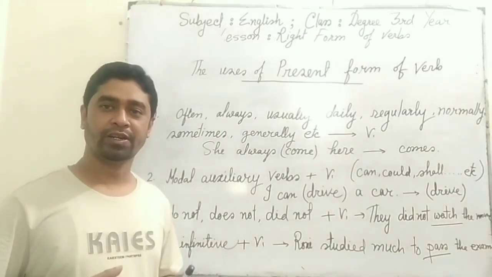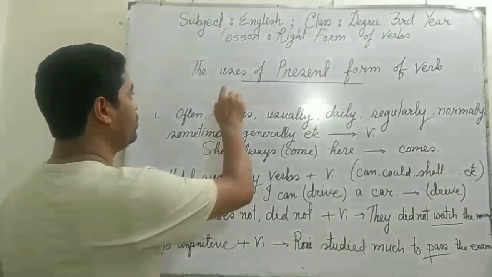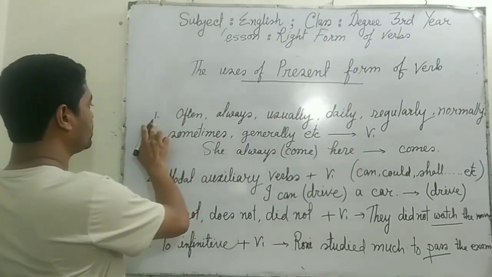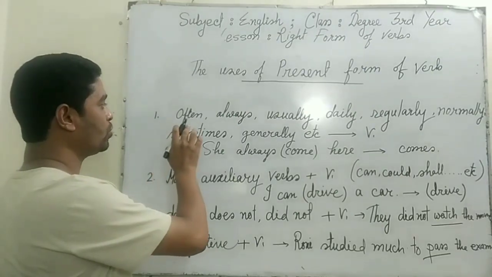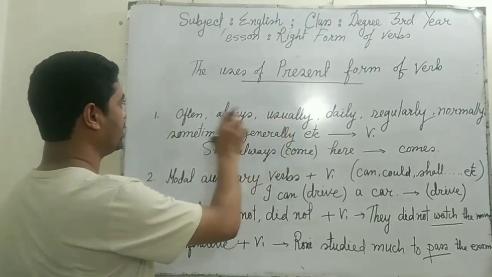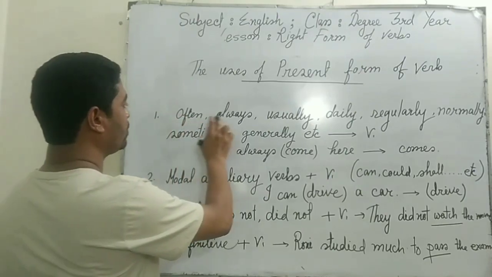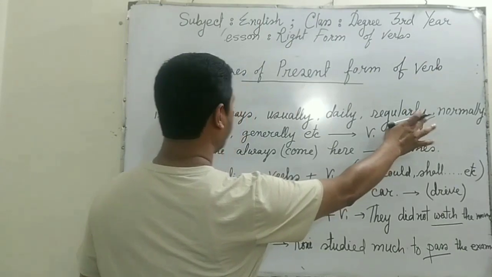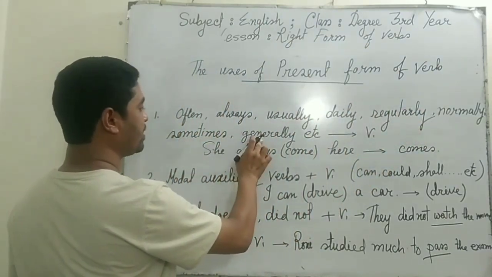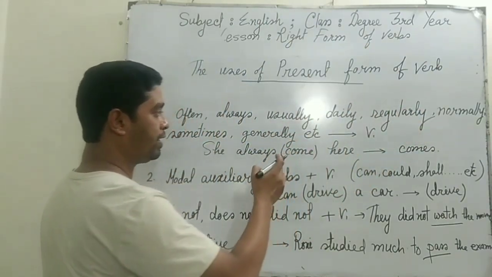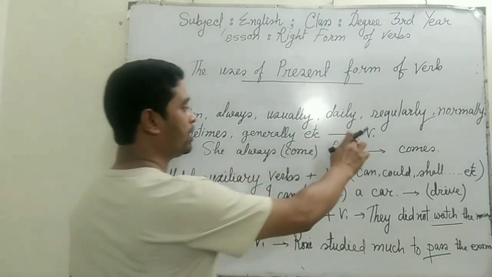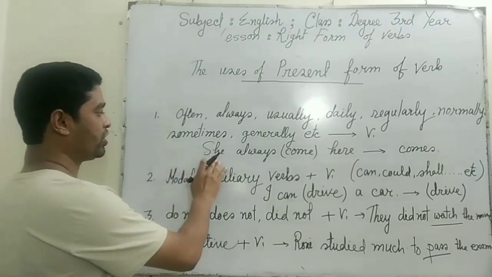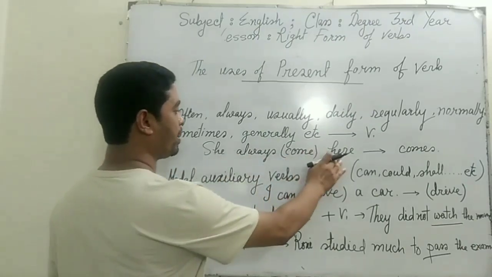Dear students, now we will see the uses of present form of verb. Number 1, if in a sentence we find such words like often, always, usually, daily, regularly, normally, sometimes, generally, etc., then we will use V1 in the sentences. For example, she always come here.